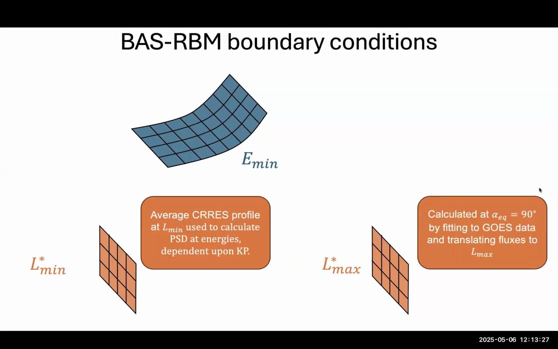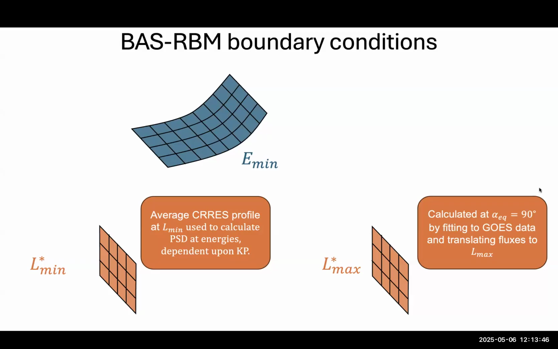For the L max, we calculate that at the equatorial, the 90-degree equatorial pitch angle by fitting a kappa function to the GeoDAWG data.